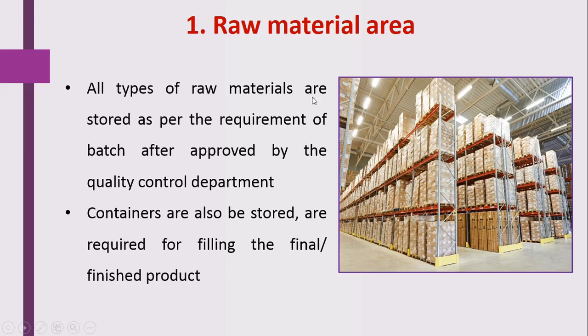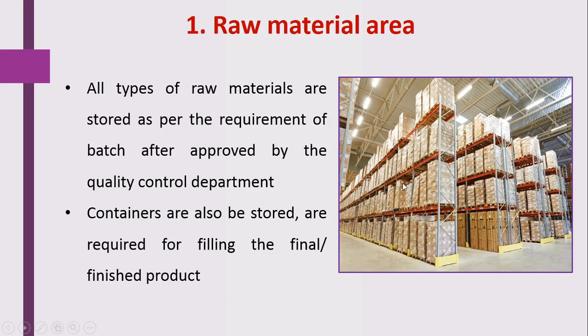All types of raw materials are stored as per the requirement of the batch after approval by the quality control department. So all the ingredients should be approved, and only approved material is sent to the production department for the manufacturing of the final product. Also in this area, containers are stored, which are required for the filling and sealing of the final or finished product.